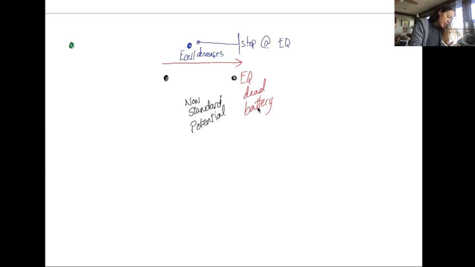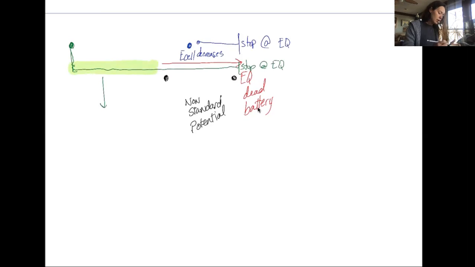But if my non-standard conditions make me all the way over here, then I have that much to go to get to equilibrium before I stop, okay? Now, what kind of conditions are going to take us further from equilibrium, right? Well, this would be conditions further from equilibrium.